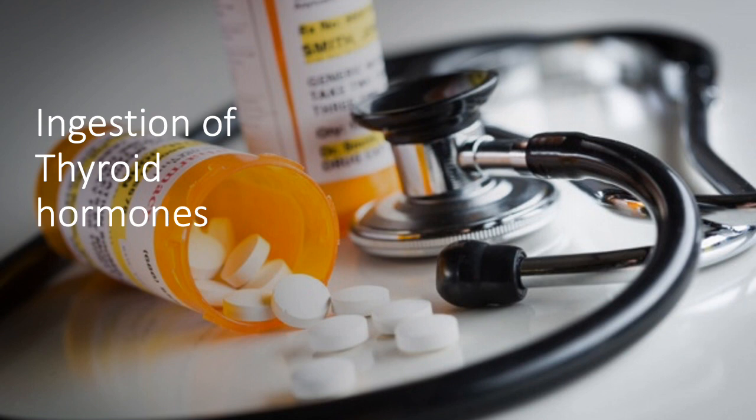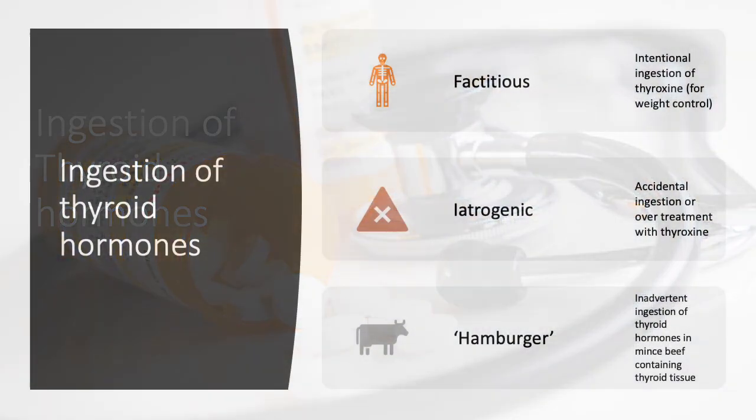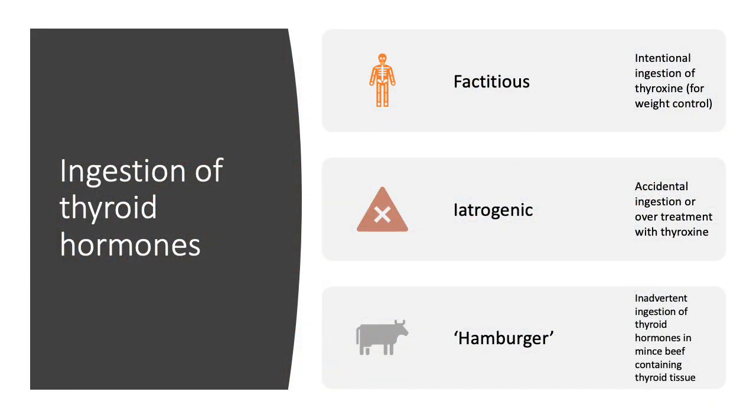The other condition that can lead to thyrotoxicosis without hyperthyroidism is ingestion of thyroid hormones. There are three abnormalities that can lead to thyrotoxicosis due to the ingestion of thyroid hormones. They are factitious, iatrogenic, and hamburger.